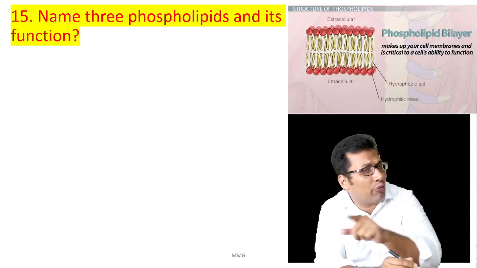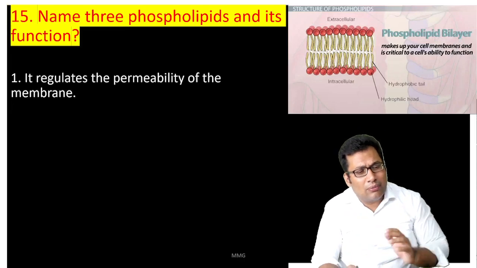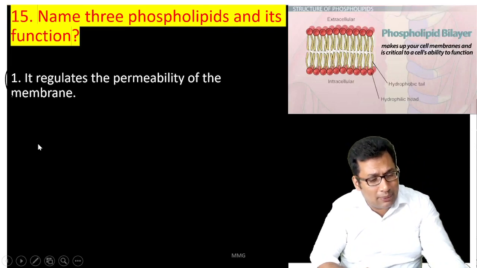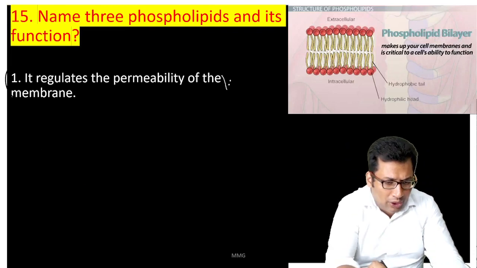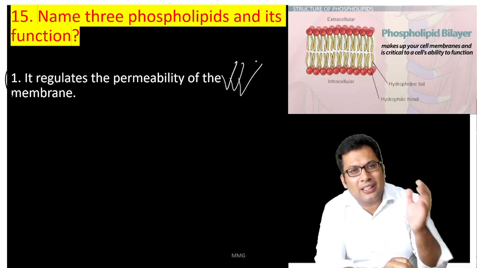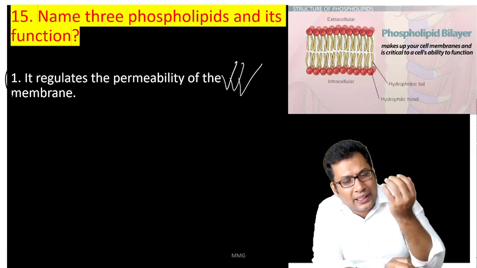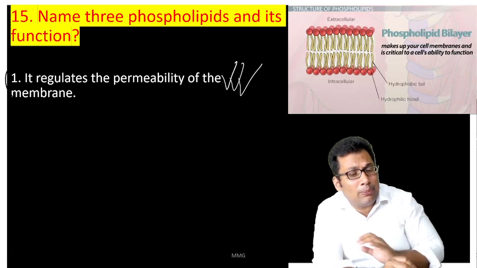Second thing, it is present in all the cell membranes. It is for the permeability of the membrane, which has a hydrophilic and hydrophobic layer. So hydrophilic head, hydrophobic tail, which is basically for permeability of the membrane.